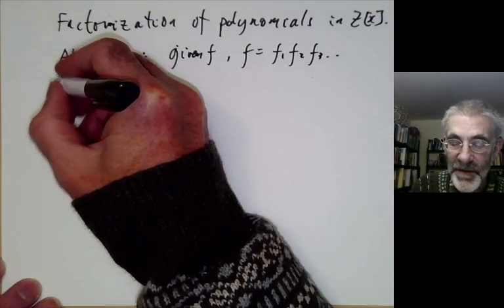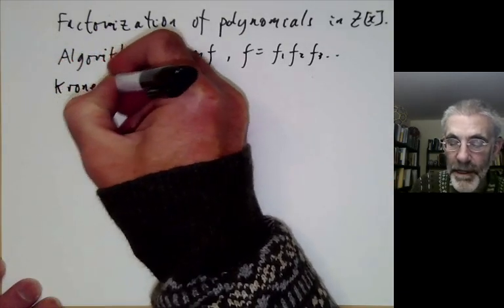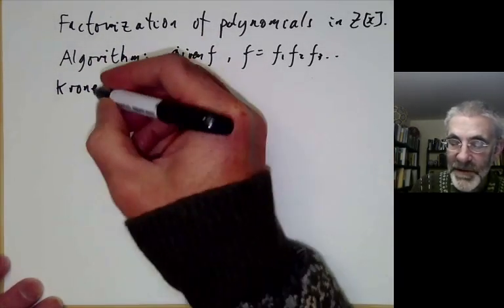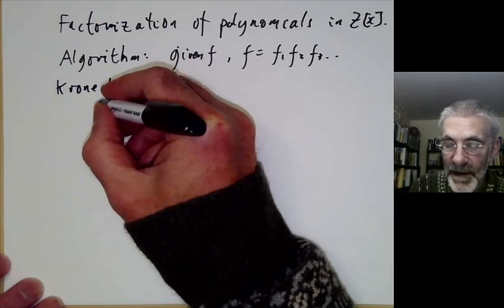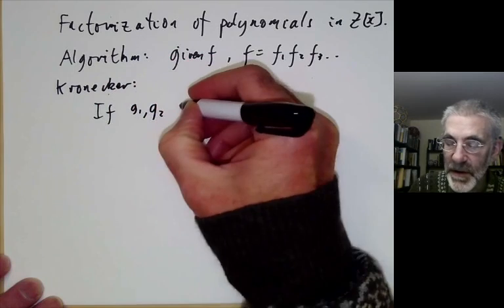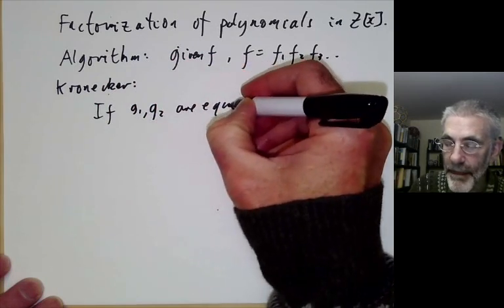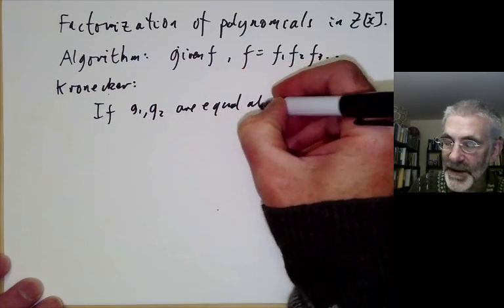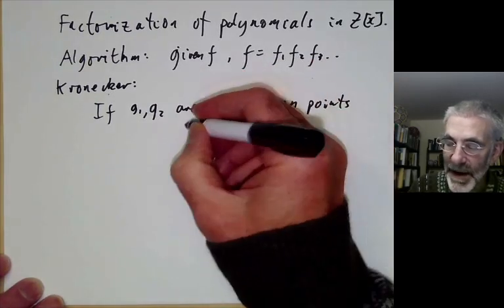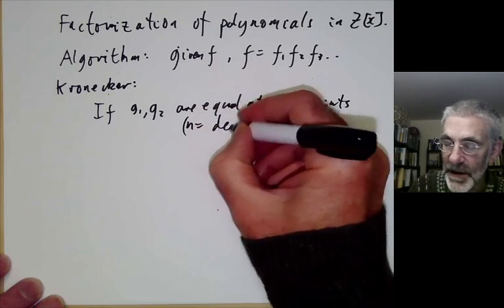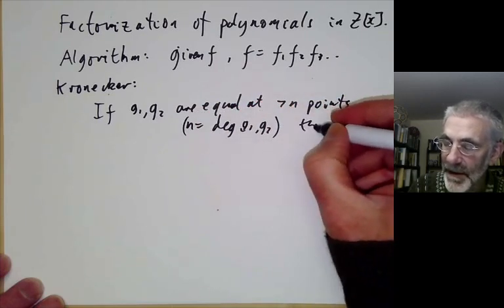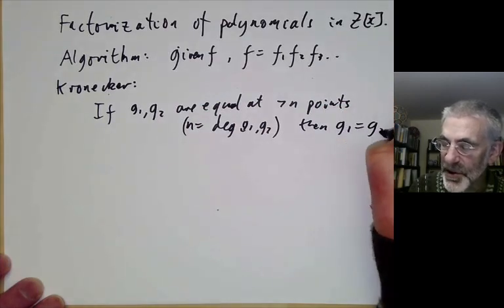And the first algorithm for doing this was found by Kronecker and works as follows. It uses the fact that if two polynomials g1 and g2 are equal at more than n points, where n is equal to the degree of g1 or g2, then g1 equals g2.